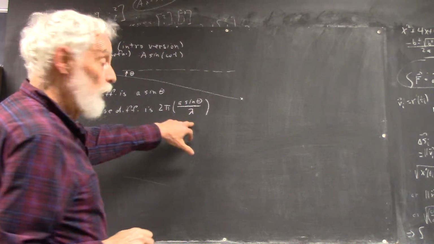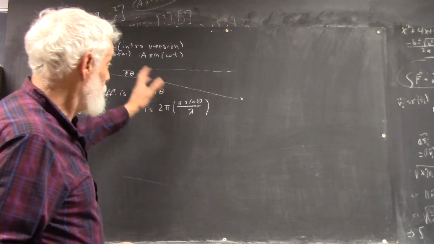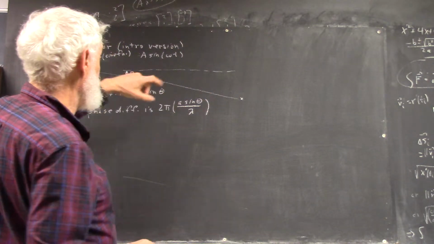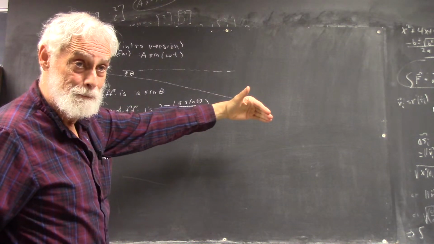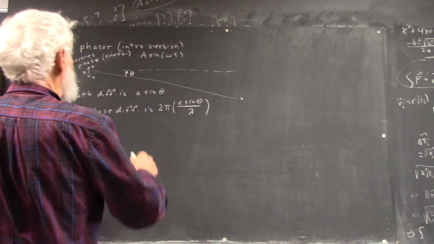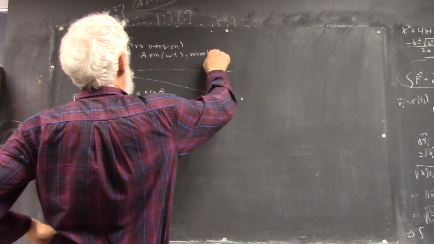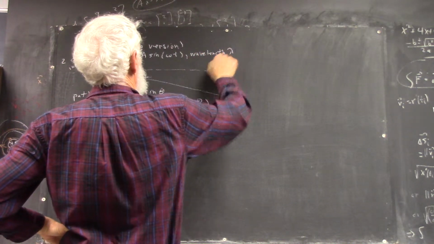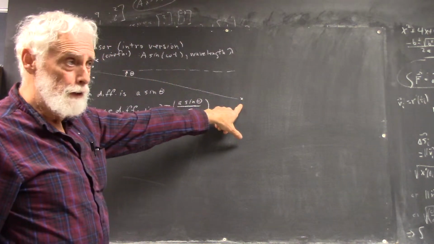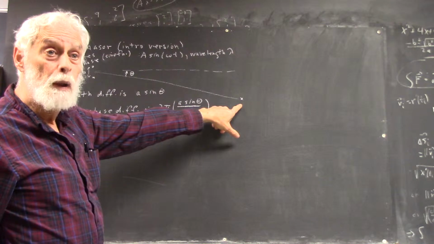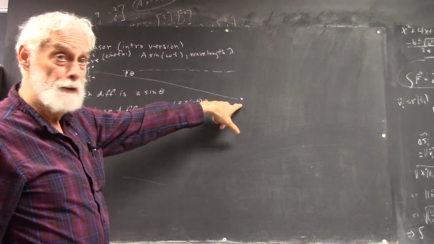Now lambda is just the wavelength. It doesn't really matter what the wavelength is, but it's related to omega and to the propagation velocity. To determine what's happening to the intensity at this point, or to the way the two waves combine at this point, it doesn't really matter what the propagation velocity is.